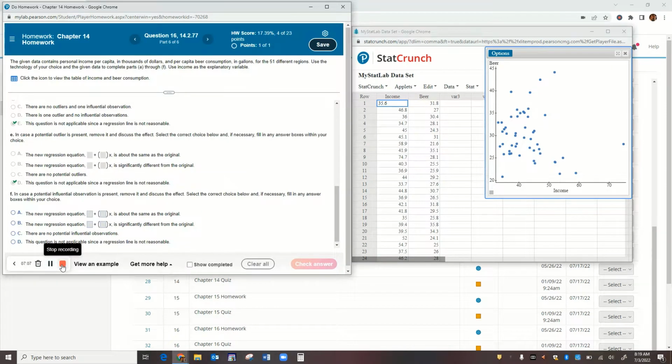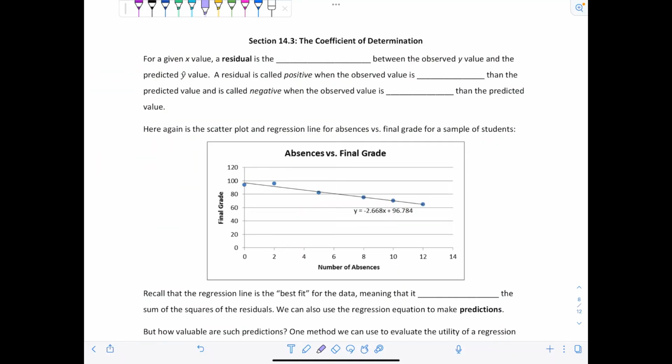So we're done. Okay, so let's get into 14.3, the coefficient of determination. So now we've figured out the equation of the regression line. We have all our data, and we're going to look at how good of a job this regression line is doing. So for a given x value, a residual, and you've probably heard me say that word earlier in the lecture, is the difference between the observed y value and the predicted y hat value.